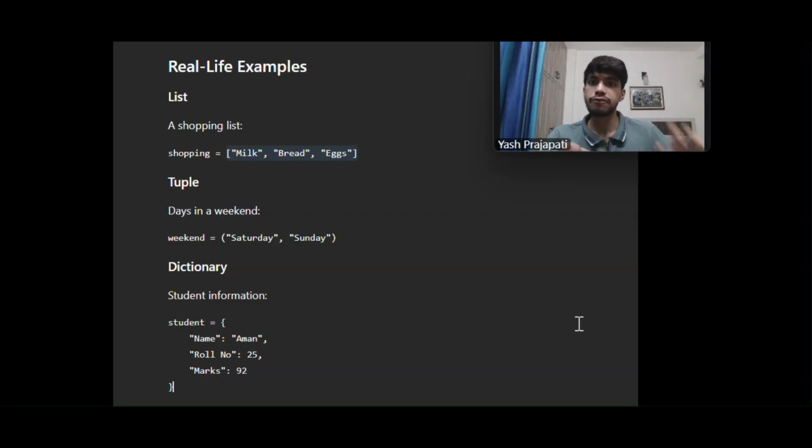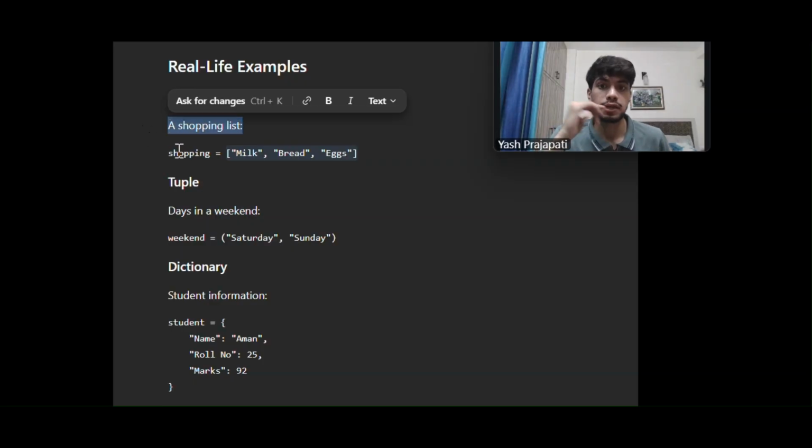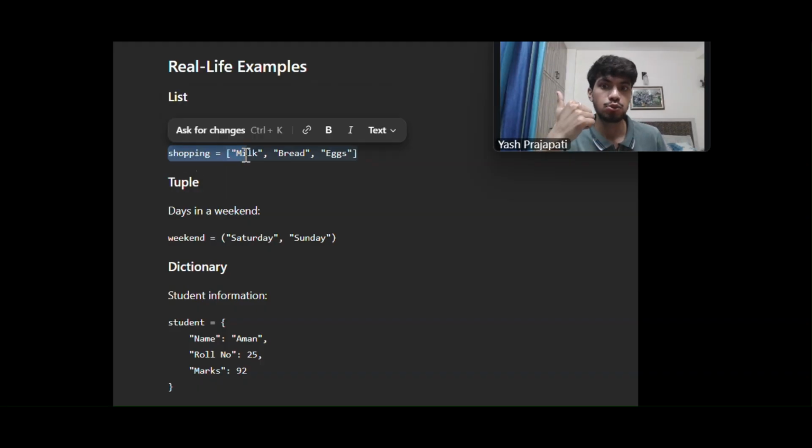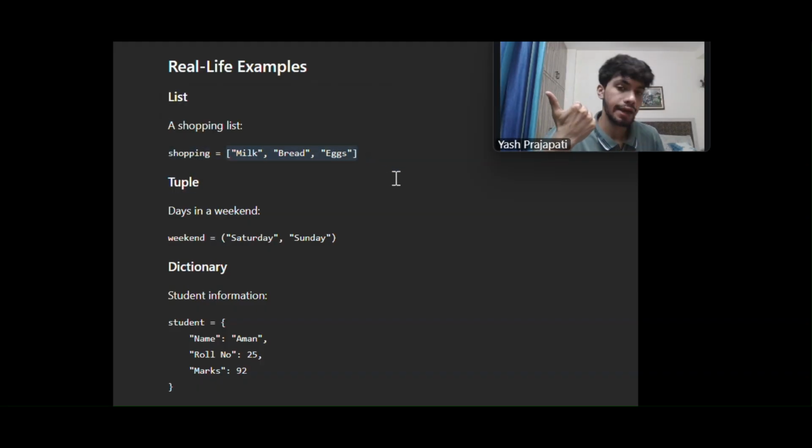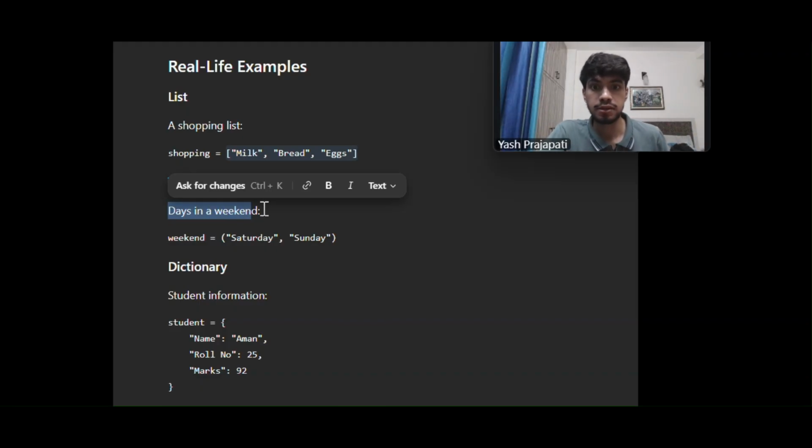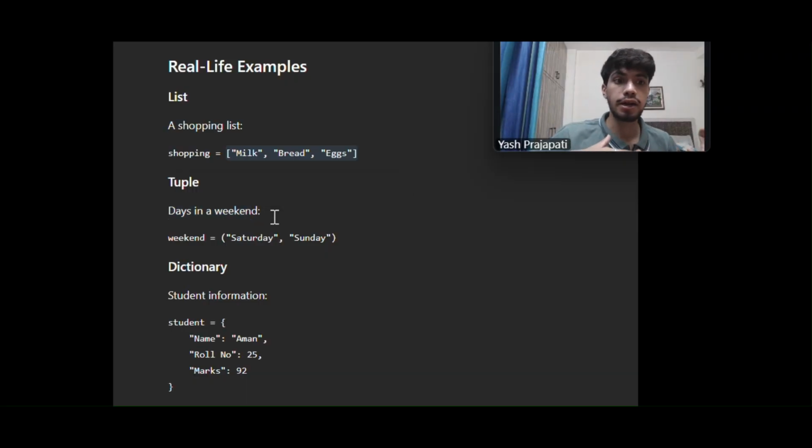Now here we have some real-life examples. A shopping list is a real-life example of a list. We can store items like milk, bread, eggs, clothes, anything. In tuples we know that a tuple contains fixed data, we cannot change it. An example of this can be the days of the weekend. Weekend days are fixed for every country in the whole universe.